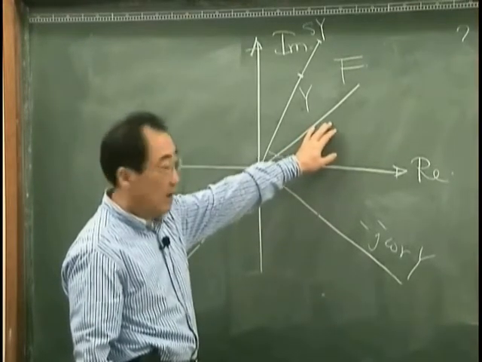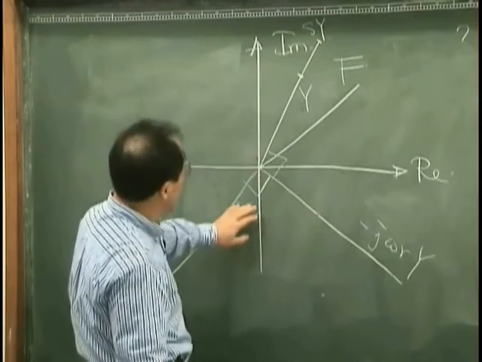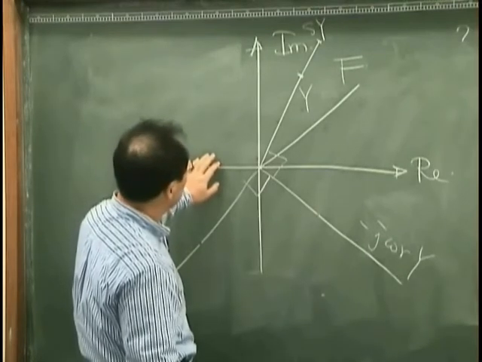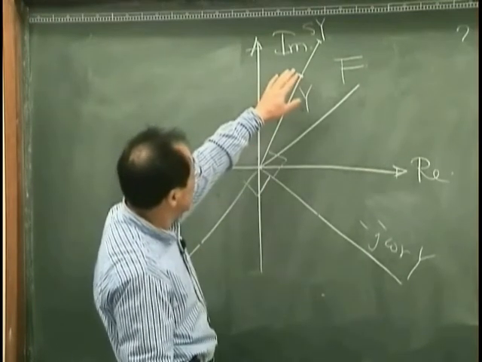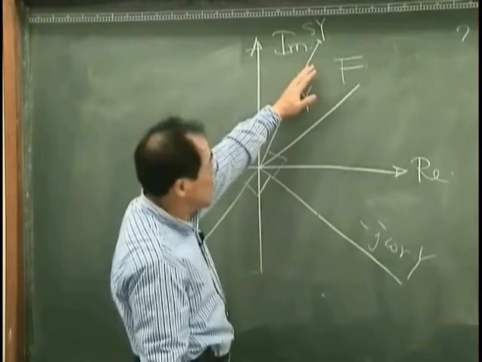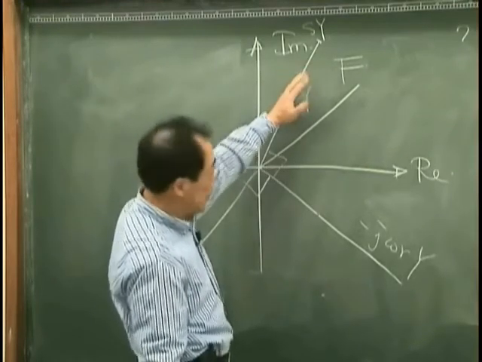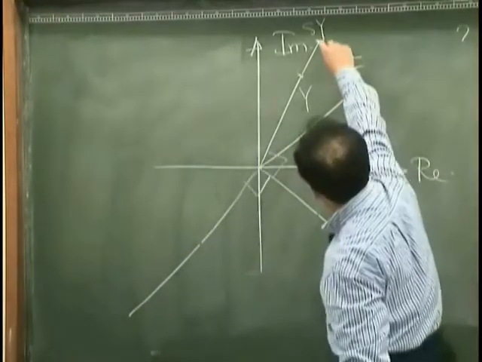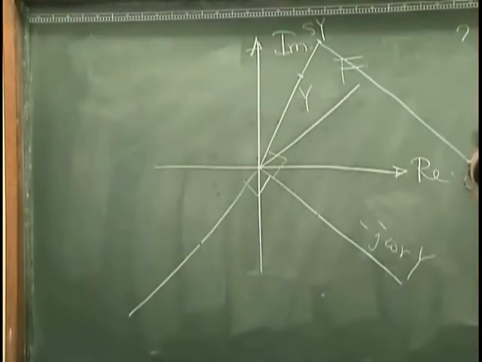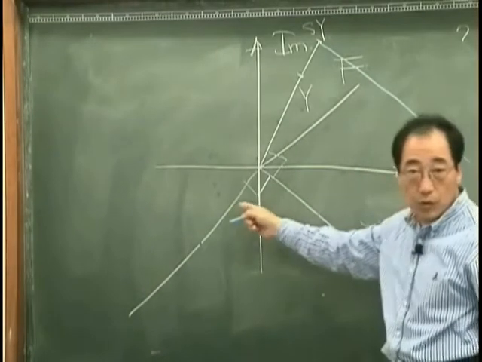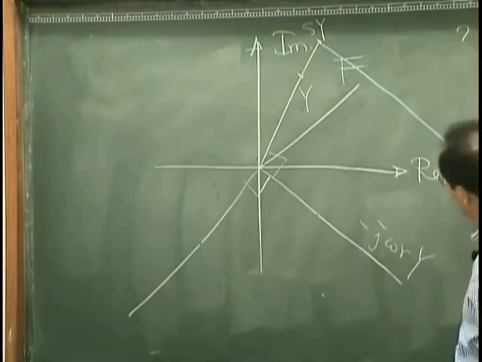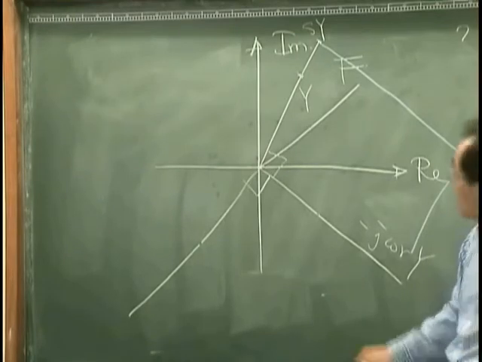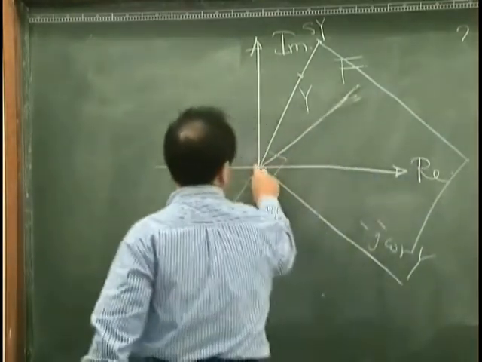Okay? So what I will do is, this is the force acting on the spring, and I move this one over here. This one over here, it looks like this. And I move this one over here, that looks like this, right? That has to be the same as F, so F should be over here.